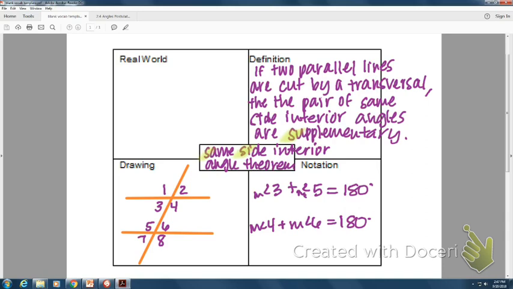Angle 8, because of vertical angles. So let's go back to my first question. 5 is congruent to 1. We said 5 and 3 are supplementary, and that makes sense. If 5 is the same measure as angle 1, we know that 1 and 3 are a linear pair, so they have to be 180 degrees. That's why we can say that 3 and 5 are also supplementary. Does that make sense?